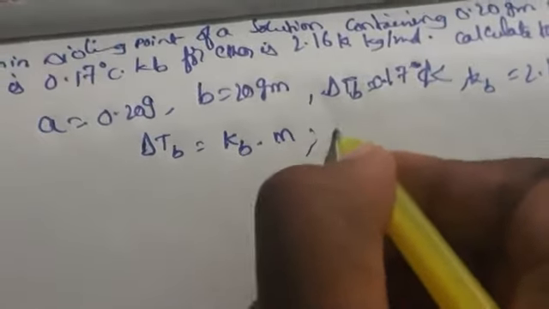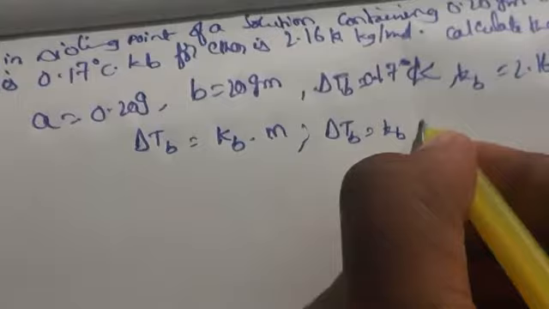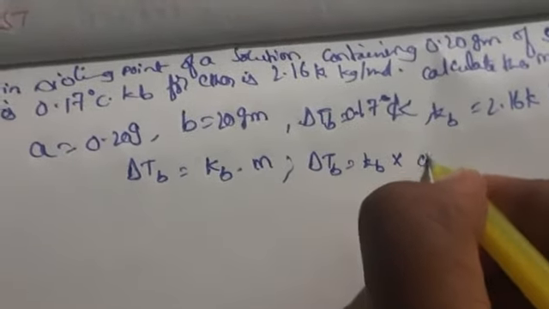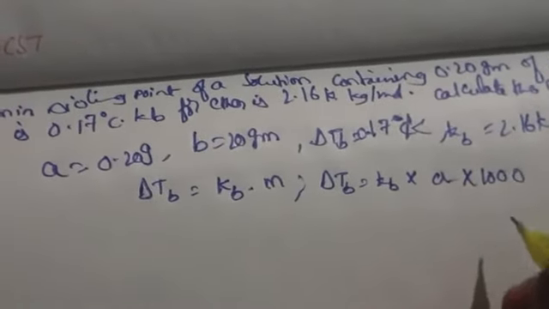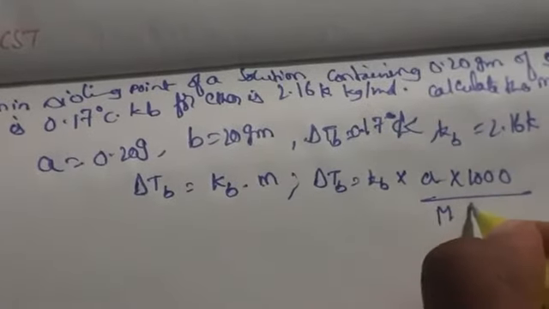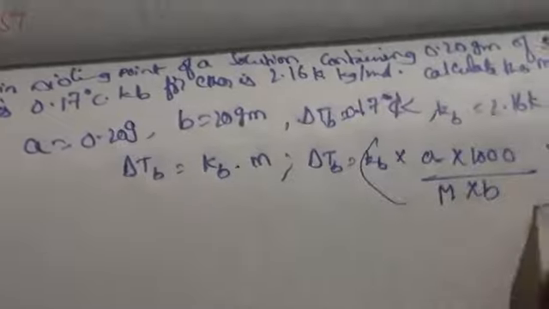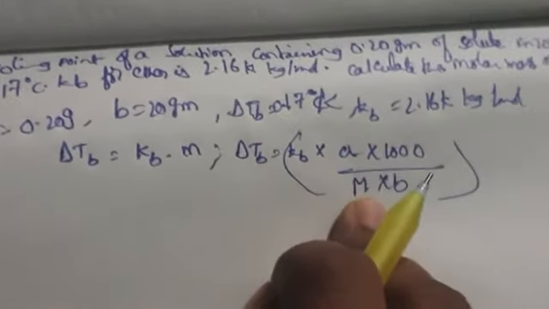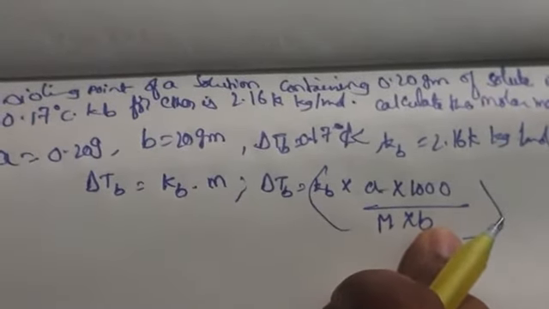So we can write delta Tb is equal to Kb into A into 1000 by M into B, where A is the weight of the solute, M is the molecular weight of the solute, and B indicates the weight of the solvent in grams.